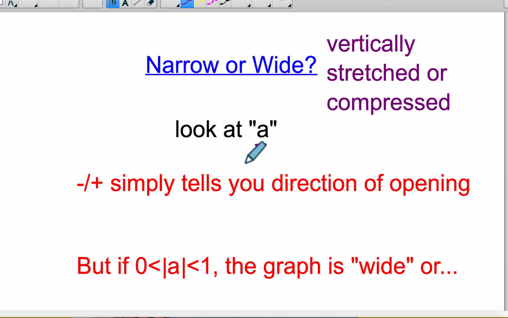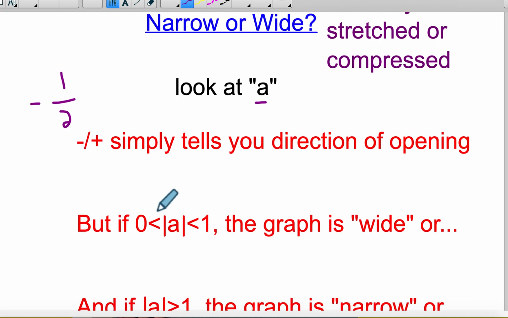But in our case, we have a 1/2, right? So it was actually negative 1/2. Now for narrow or wide, we don't care about negative. The negative just told us if it opened up or down. So we don't care about the negative. We're looking at just the actual value of a without a negative or a positive. So we'd say absolute value to just basically say that the negative doesn't matter.